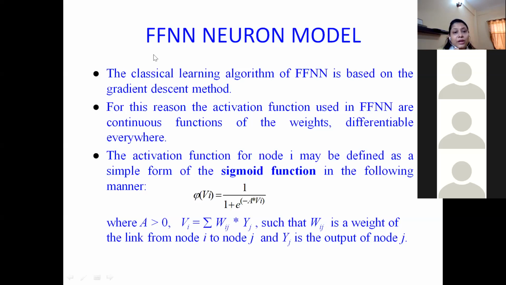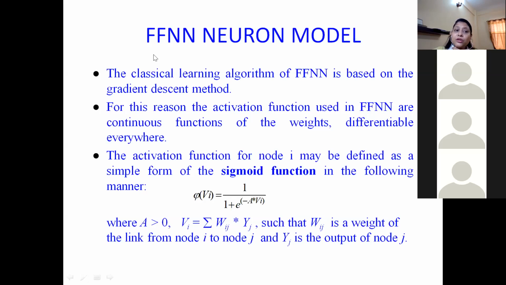What we need to do here is understand why we require this kind of method. Whenever we have such activation functions, starting from the step function, the sigmoid function, the Gaussian function, these activation functions are continuous functions of weights.